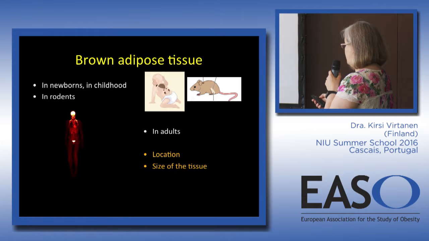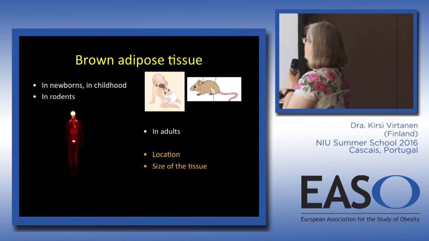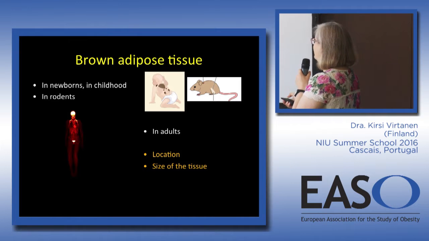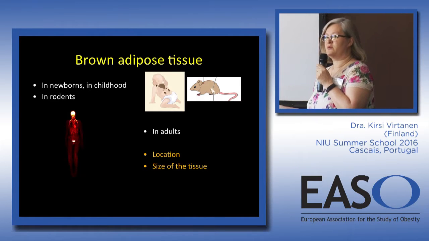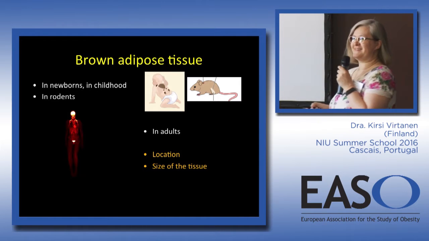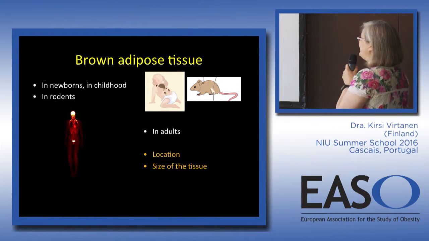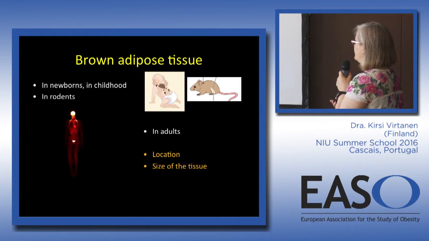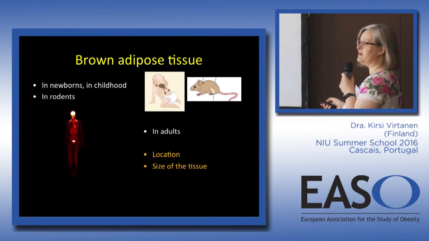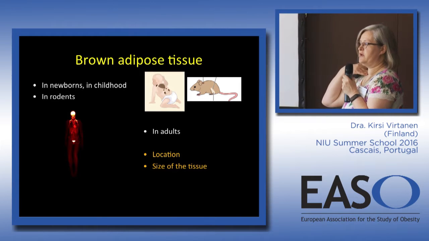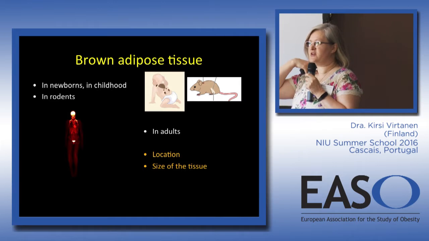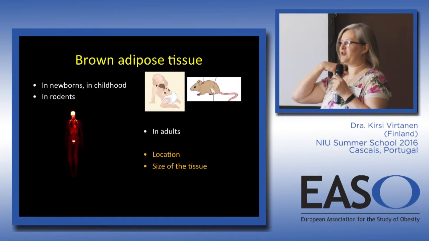And in adults, the main depot can be found in the supraclavicular region, which is in the neck area, just a couple of centimeters inwards from here.